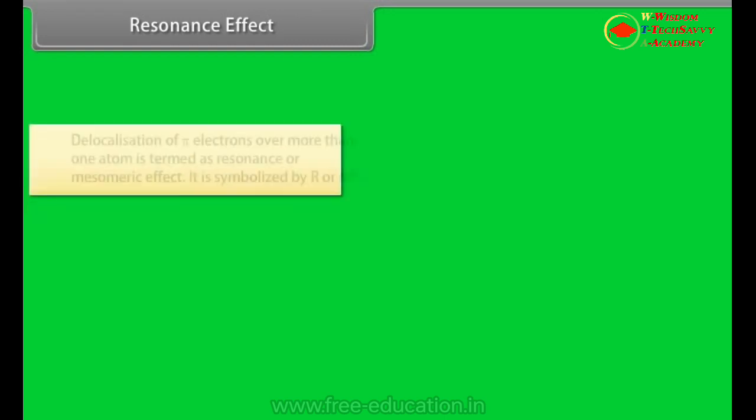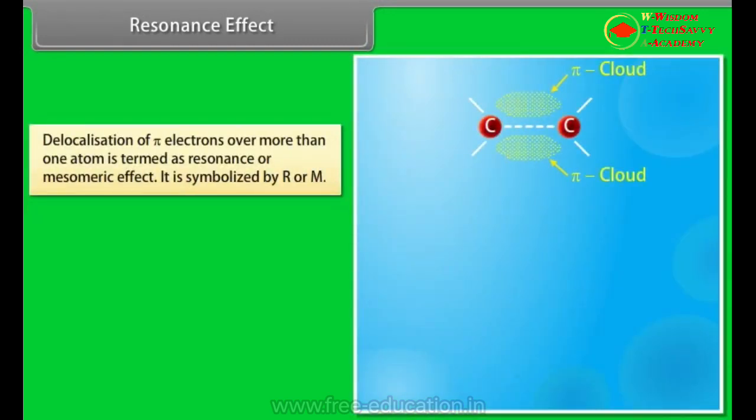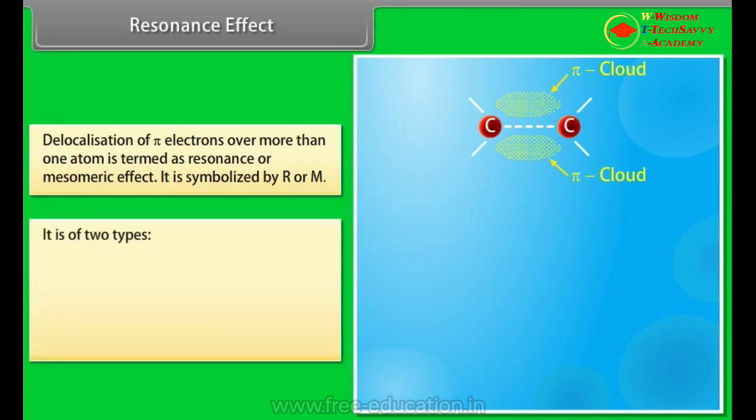Resonance effect. Delocalization of pi electrons over more than one atom is termed as resonance or mesomeric effect. It is symbolized by capital R or capital M. It is of two types: positive resonance effect, positive R effect.